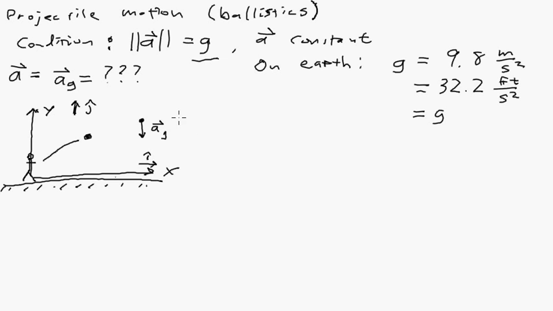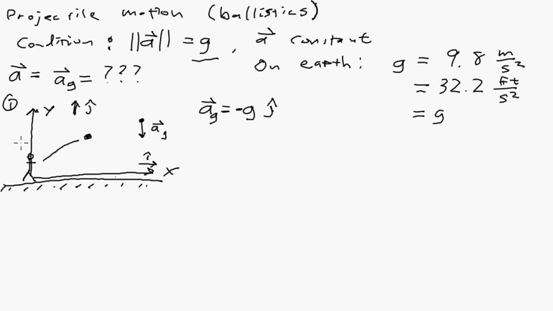So for this case, gravity is going in the y direction, so it's going to be g times j hat, and the last question is, what's the sign on it? Well, it's going down, and the positive y-axis goes up, so a sub g is negative g times j hat. So let's call that example 1.